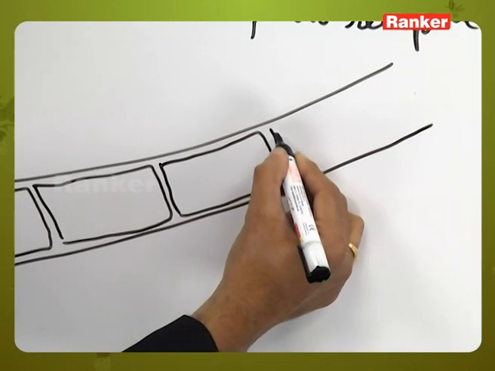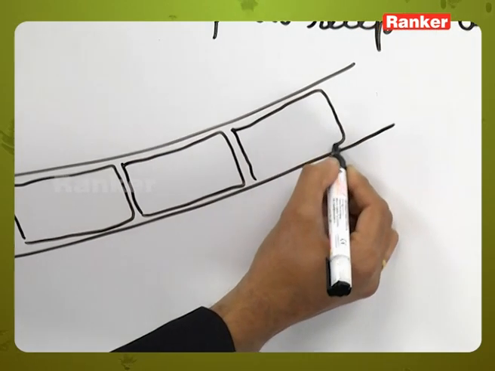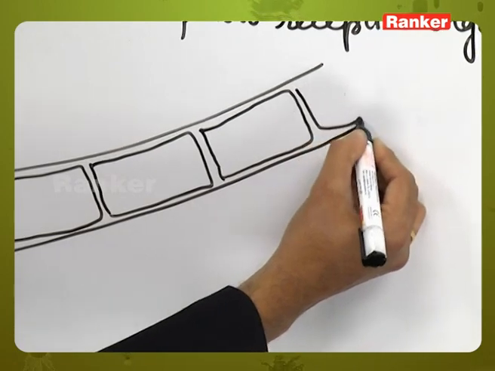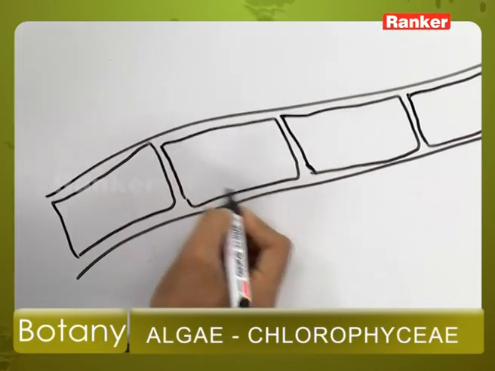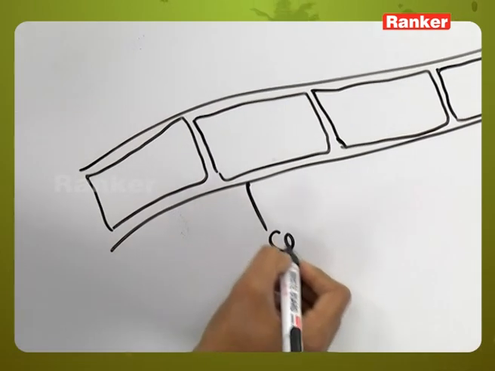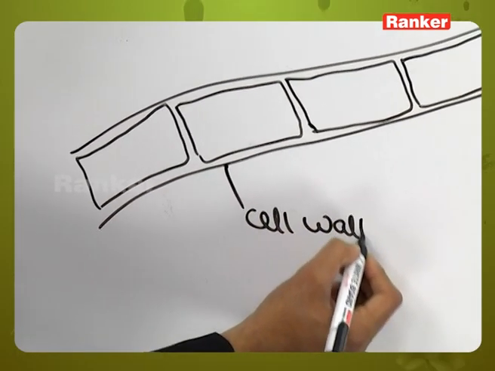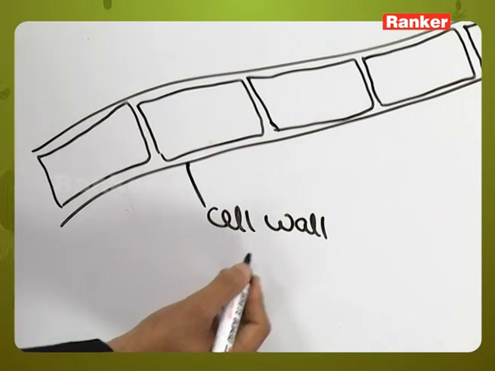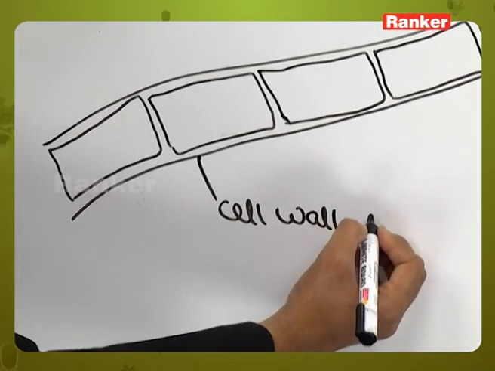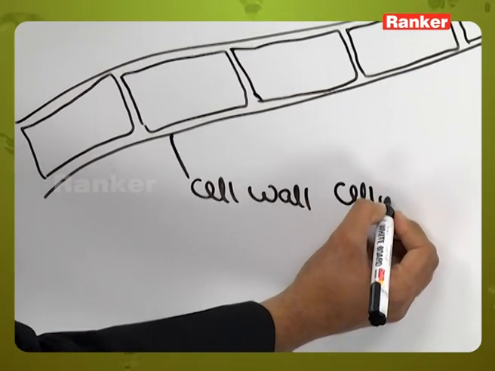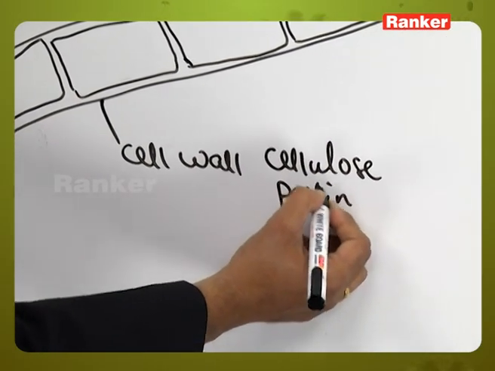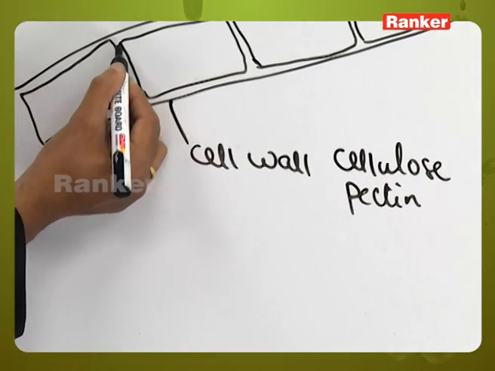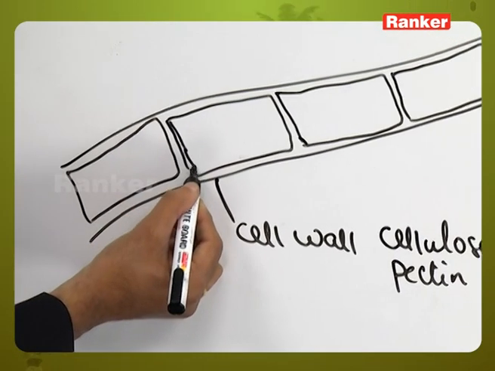And Spirogyra is a freshwater algae in which the outer membrane and inner membrane are present. This is called a cell wall. In this also the outer cell wall layer and inner cell wall layer are there, where the inner one is made up of cellulose and the outer one is made up of pectin, inside which the plasma membrane is also seen.